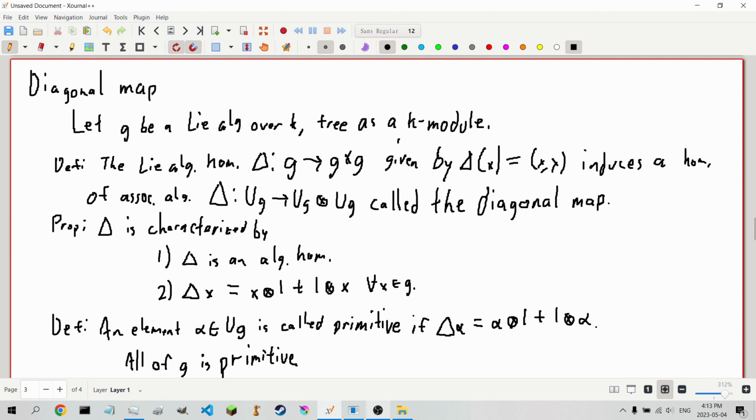And it's called primitive if its image under the diagonal map is as if it was in G, essentially. So of course we have that all of G is primitive.